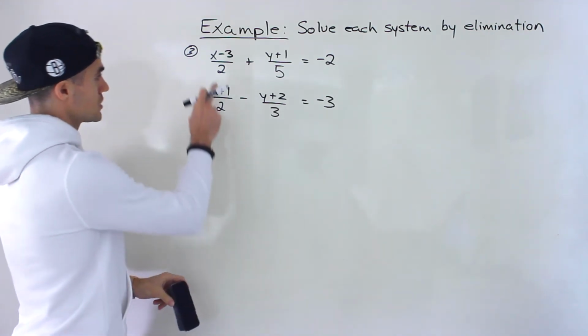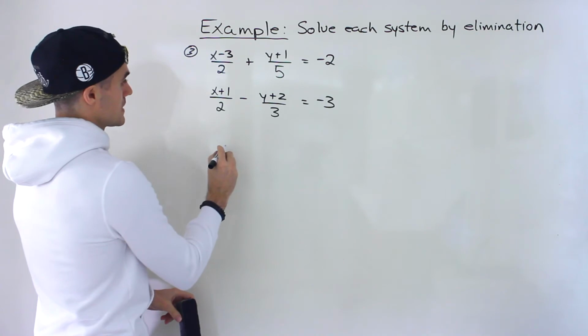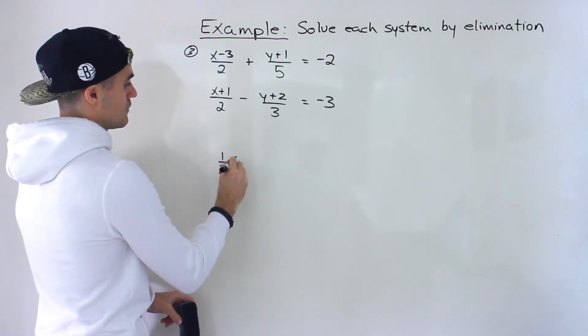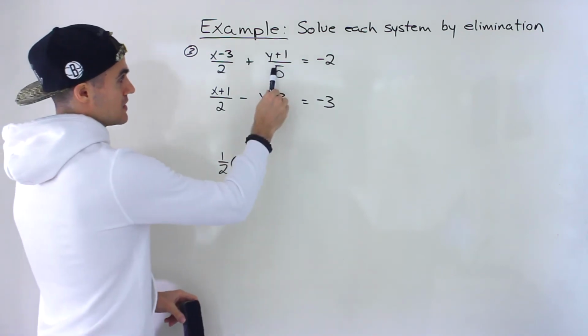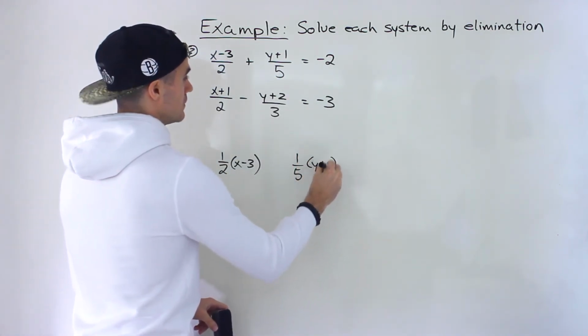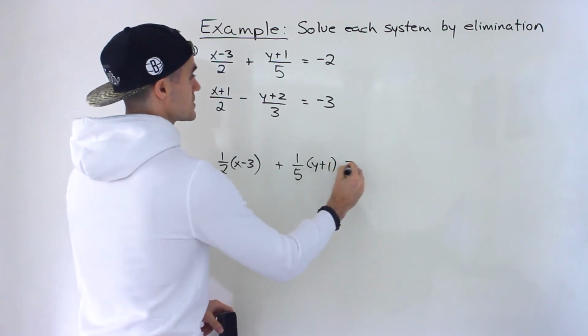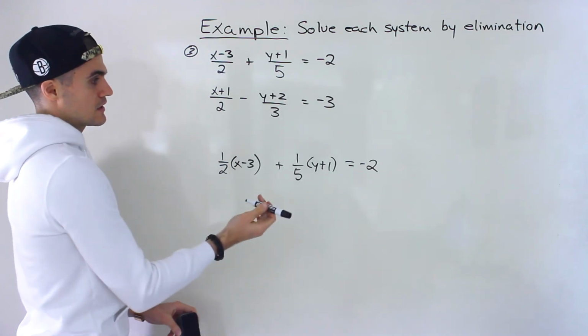Actually, one thing I want to mention, another format something like this could be in is 1/2 x minus 3. Right? Or maybe this would be like 1 over 5 y plus 1. Okay, so maybe you'll see something like that. This and this, they're the exact same thing.